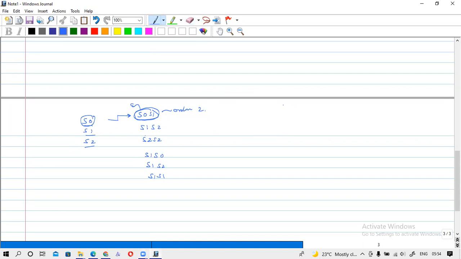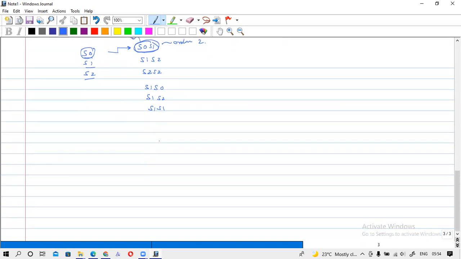If you pick a character for the first time, there are three characters: S0, S1, S2.